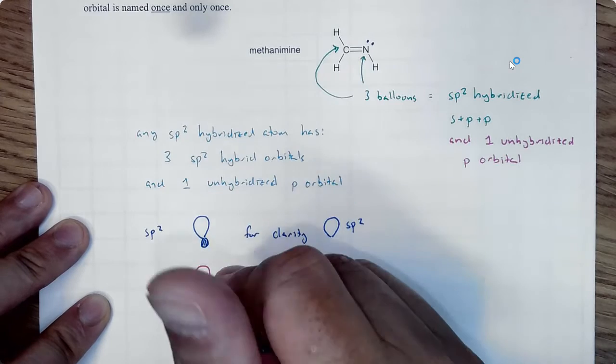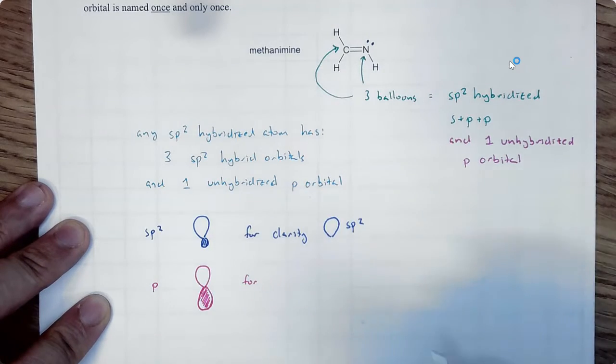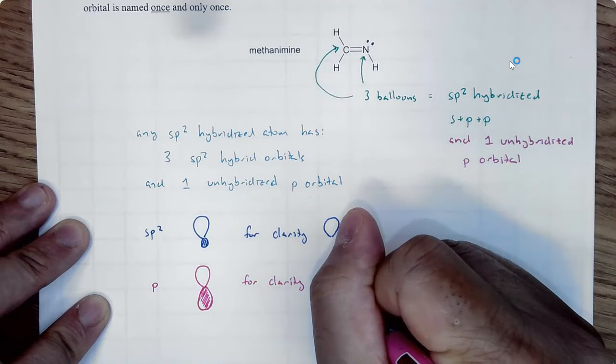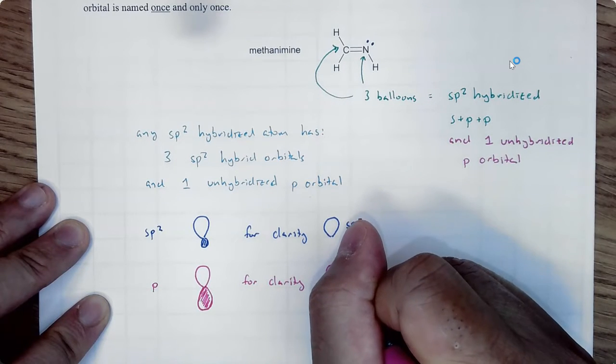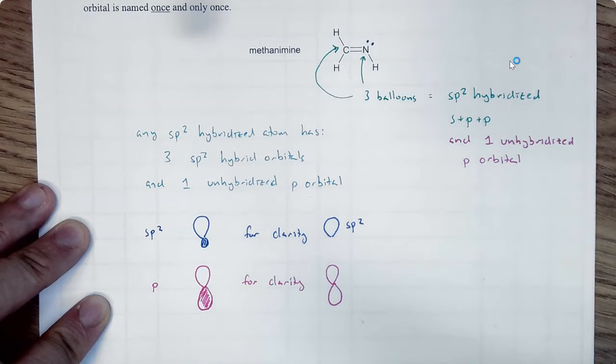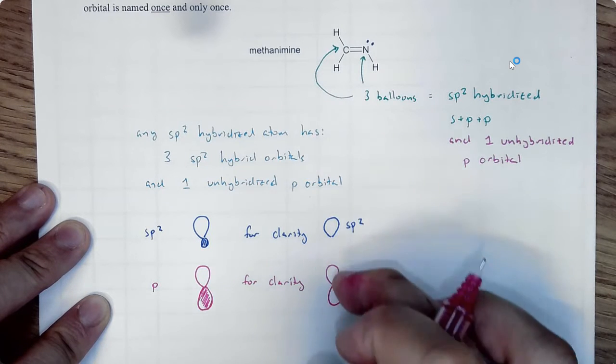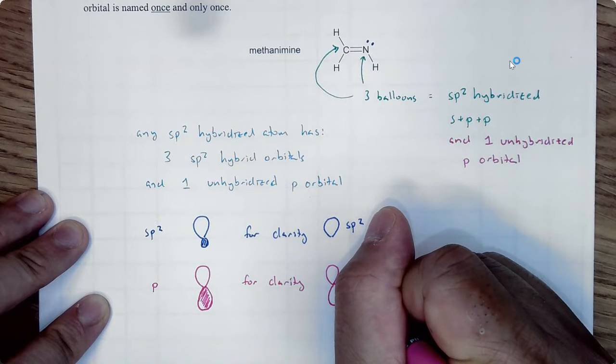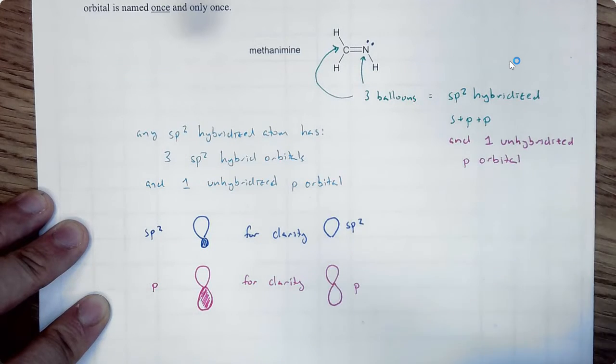For clarity, I'm not going to do any shading, but we still have to have both lobes. An electron can be found with equal probability in either of those 2 lobes. And this will be our drawing for an unhybridized p orbital.